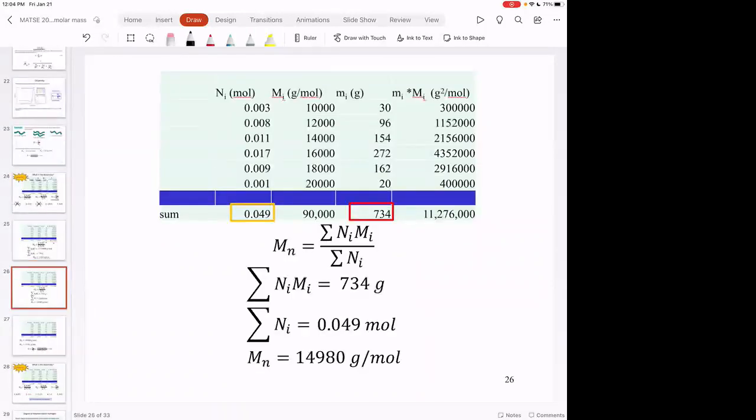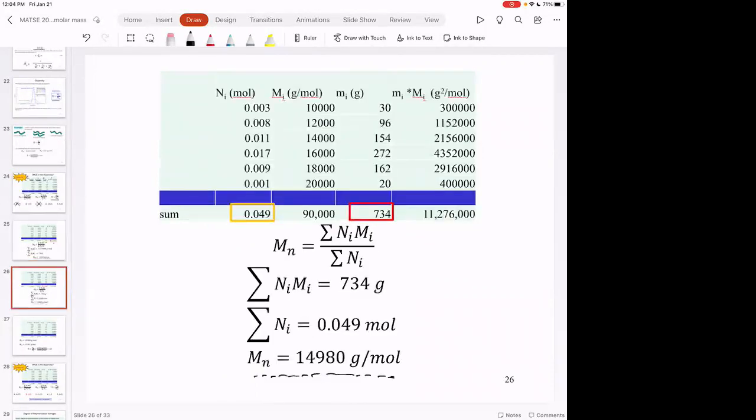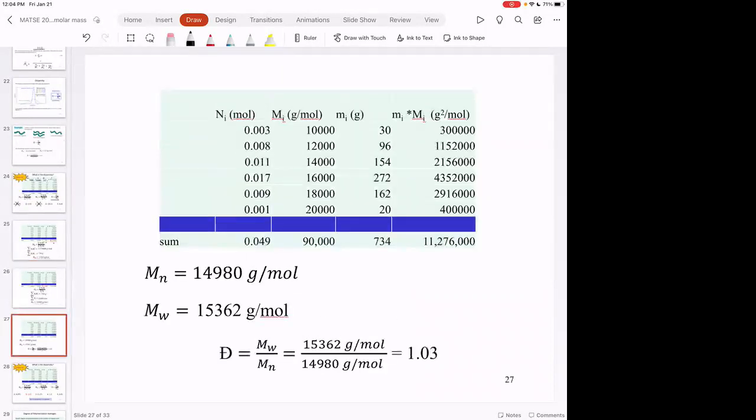We can get the MN from this as well. And so finally, if we have an MW of 15,362 and an MN of 14,980, our dispersity is going to be 1.03.